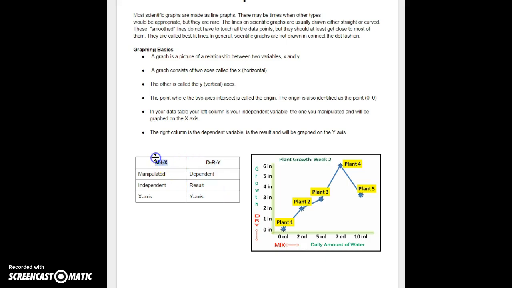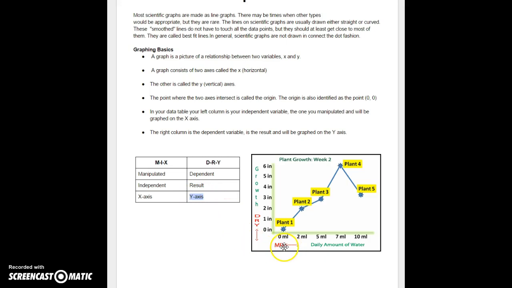We're going to call this one our MIX column, and that MIX stands for manipulated independent variable, and it goes on the x-axis. The second column, we're going to call our DRY column, and that DRY stands for dependent, the result of our experiment, and it's going to go on the y-axis.